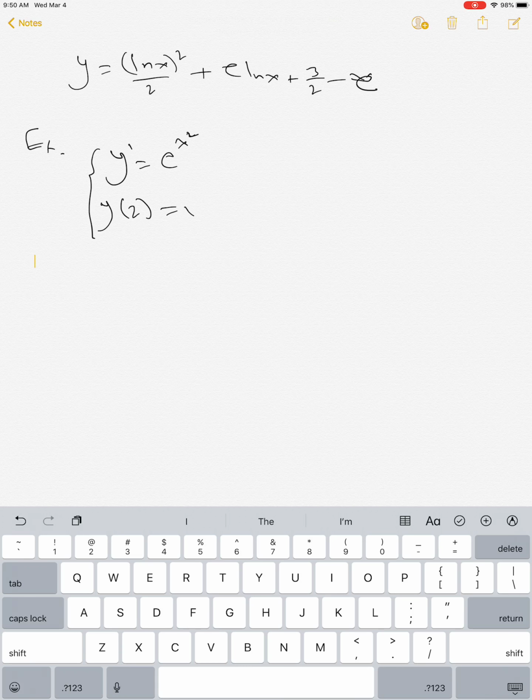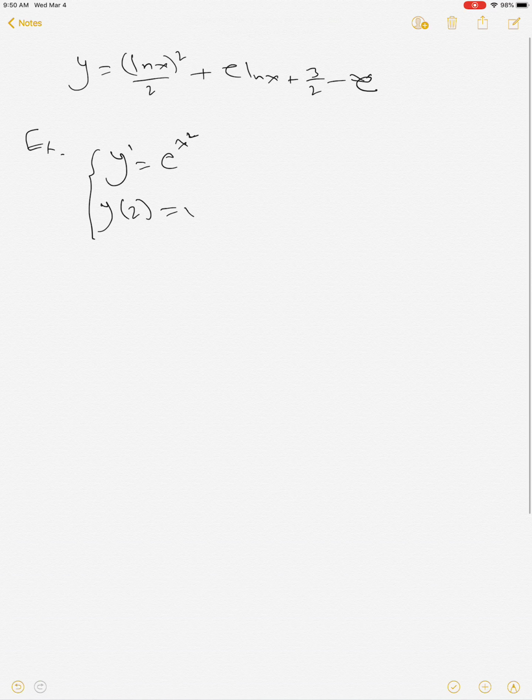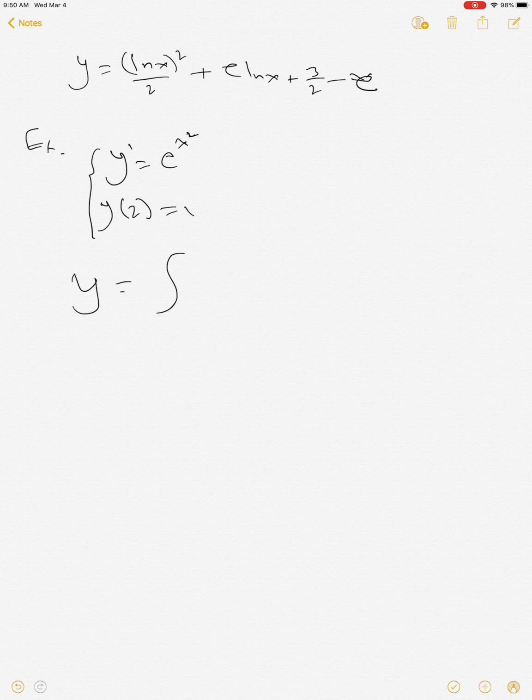So if I take the antiderivative, y is equal to, and the initial value is 2, so I have to start from 2. I go from 2 to x of e^(t squared) dt plus a constant, where t is a dummy variable.